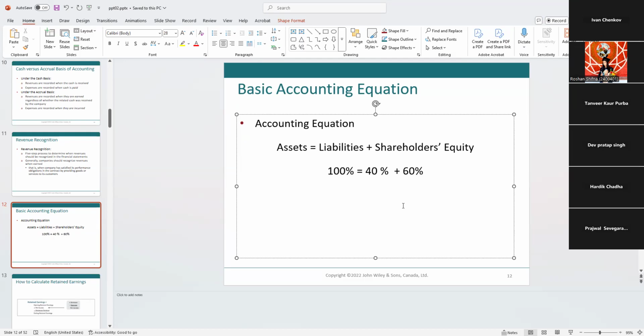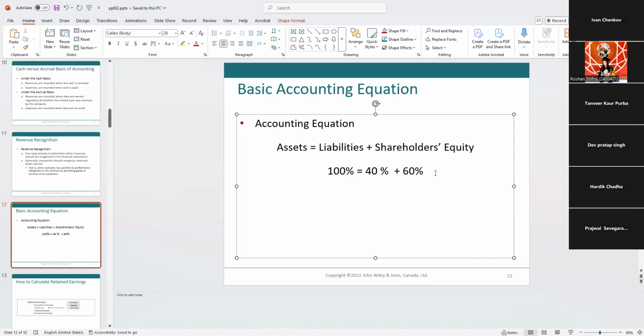And when somebody asks you, what's the capital structure of your company? You can tell them, my capital structure is 60% financed by equity or investments, and 40% financed by liability or creditors.